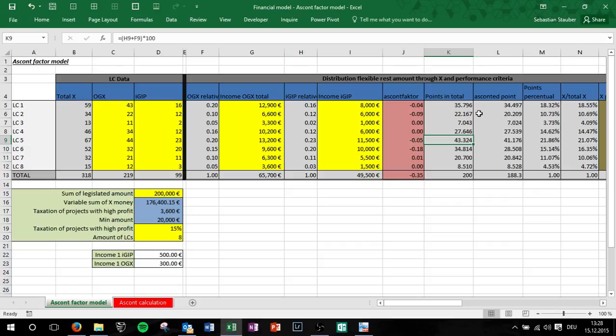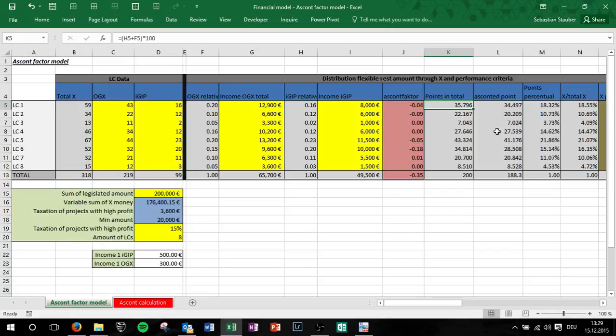It's point based. You calculate the points according to how much money the LCs have earned. So you have OGX relative and IGP relative, these two summed up and multiplied by 100, and then you have the points. The higher the number of points, the more the LC needs to pay. But now we have an Ascount factor, which can also be a discount factor.